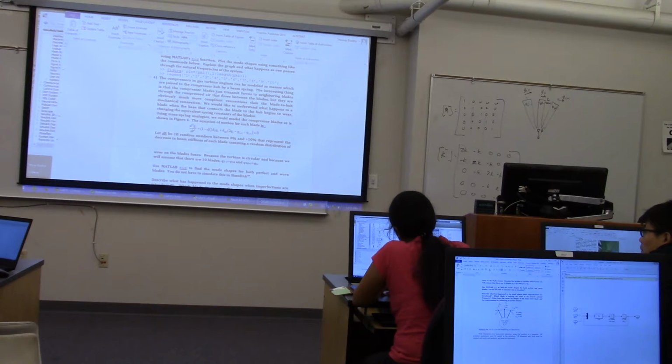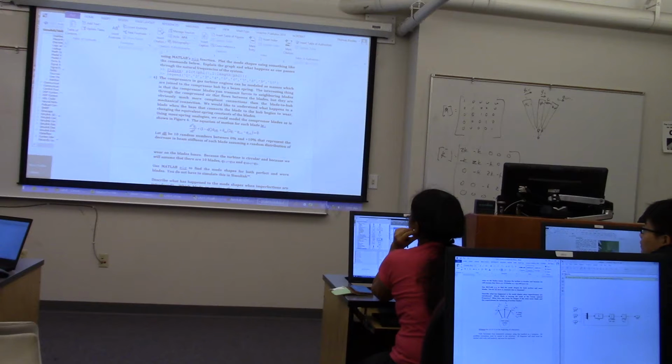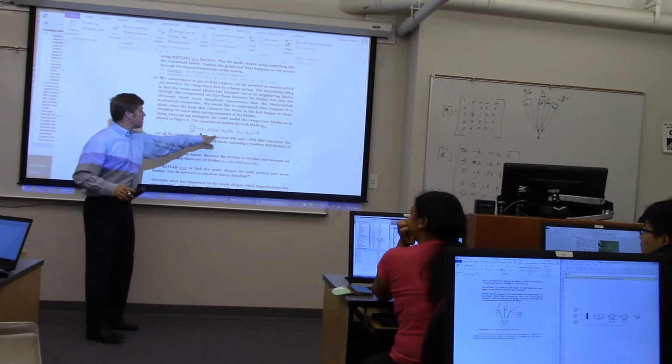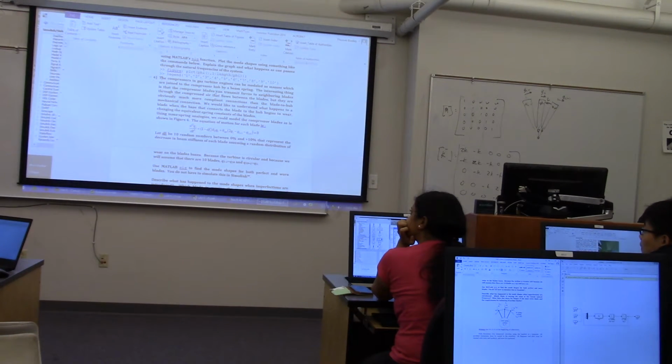What about the spring, the stiffness matrix? Let's just go through it. Let's talk about blade number 1. For blade number 1, there is a stiffness that is associated with Q sub i.